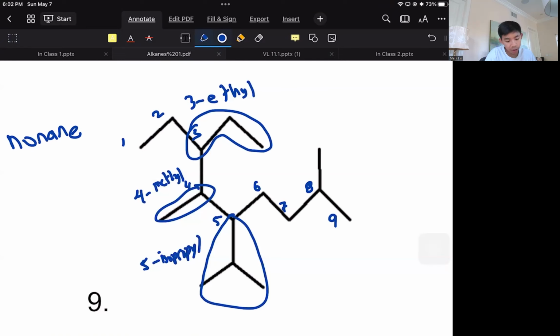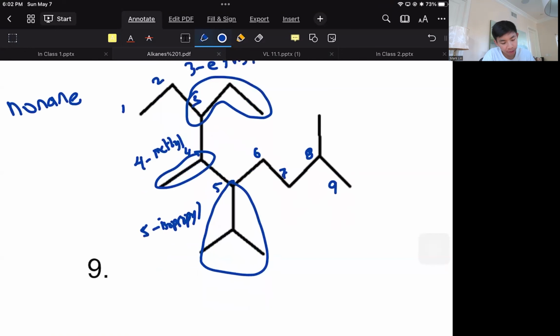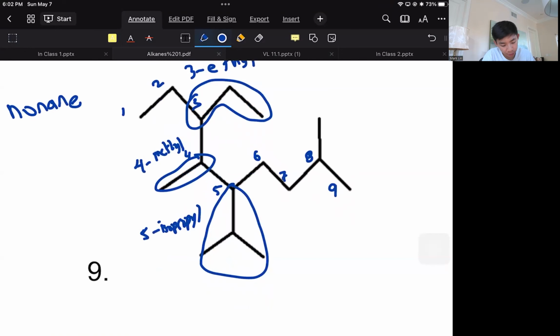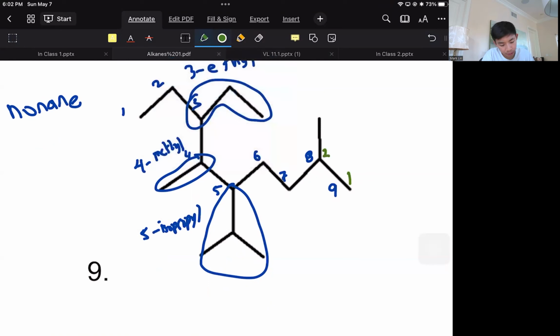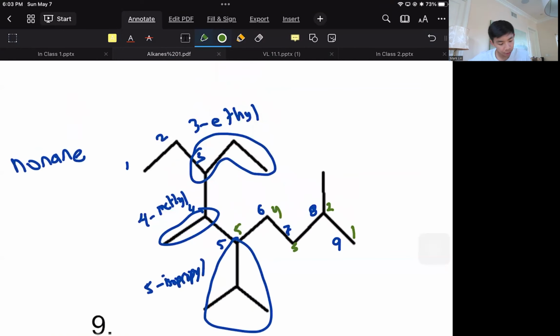Notice how if we go left to right or right to left, it will still be at five, right? If we name this, let me do this in a different color, one, two, three, four, five. The most complicated one is in the middle, still at five. So let's go to the less complicated one down, which is ethyl. Notice how ethyl comes at three for this one. Well, if we go from right to left, that's going to be at seven.